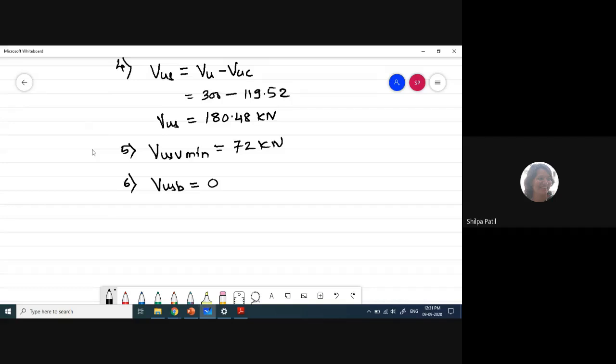Seventh step, VUC plus VUSV minimum plus VUSB. What is this value? 191.52, same value.